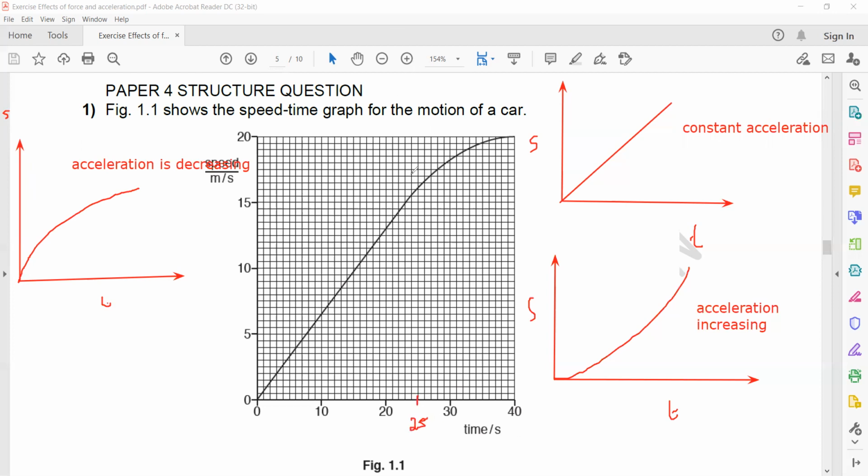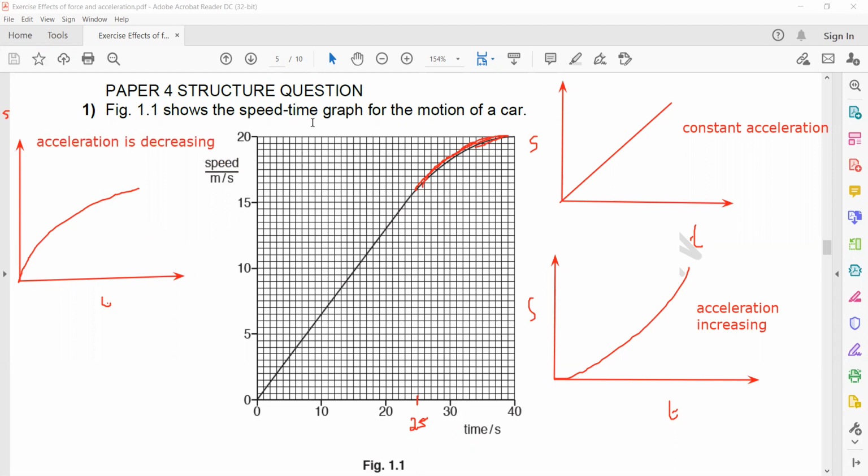So from 25 to 40 seconds, when we check the shape of the graph, which one does it match with? This shape. Constant acceleration, increasing acceleration, or acceleration is decreasing? Yes. So acceleration is decreasing.